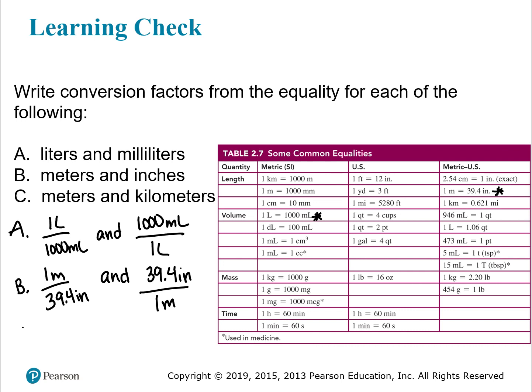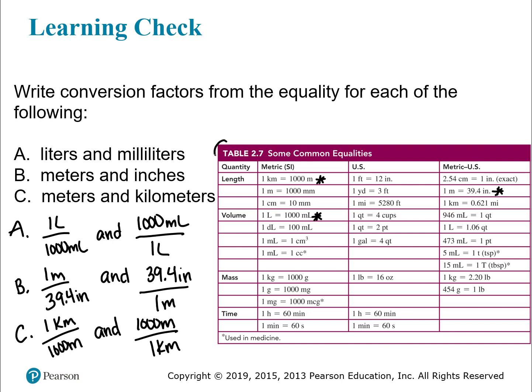So that's for B. For part C, meters and kilometers. So 1 kilometer is equal to 1,000 meters. Write one fraction, then you flip it. So that's writing conversion factors from the equality.